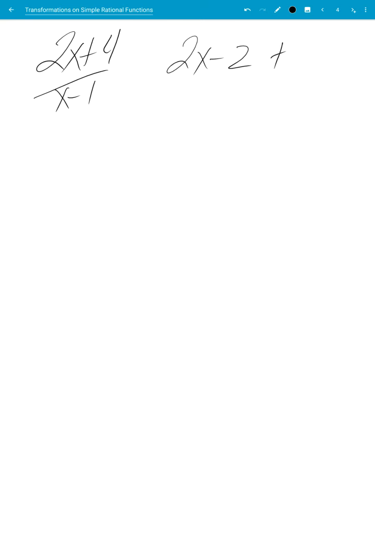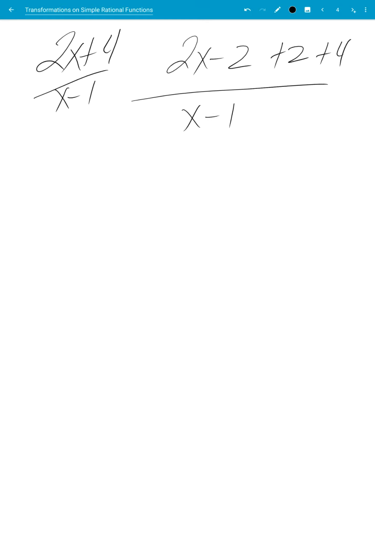And so remember what they did is they would take 2x plus 4 over x minus 1, and then we would say, well, we've got to get an x minus 1 out of this thing. So I'm going to have to get a 2x minus 2. Well, if I have a minus 2, I better add 2, and I've already got this 4, and now this is all over x minus 1.